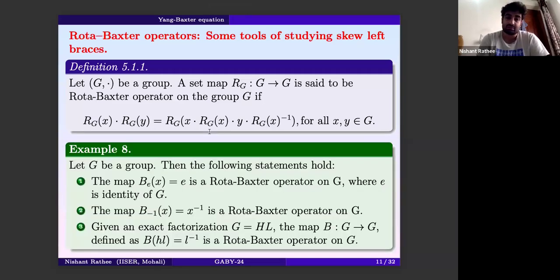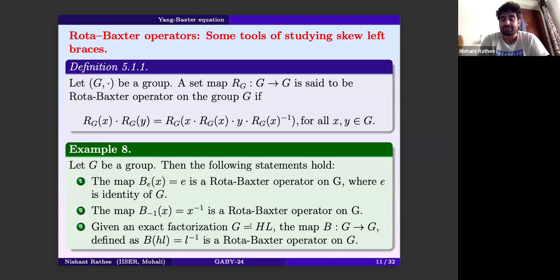So you can view it as a twisted homomorphism of groups. As examples, the trivial map, everything going to identity, is an example of a Rota-Baxter operator. X going to X inverse is an example of a Rota-Baxter operator on G. And the third is a very important example. We will not use it in our talk, but in general it has proved very useful in this area.